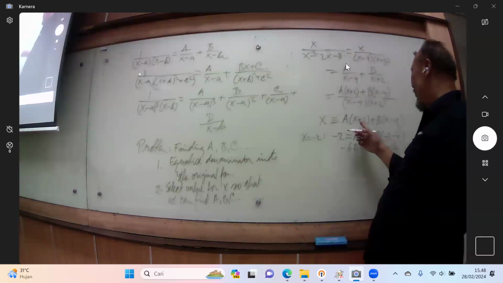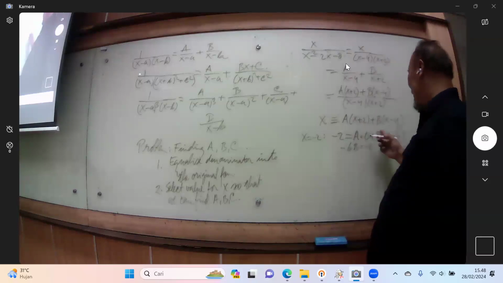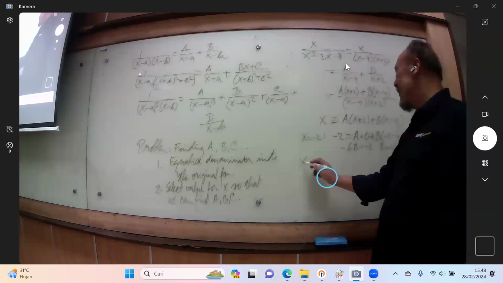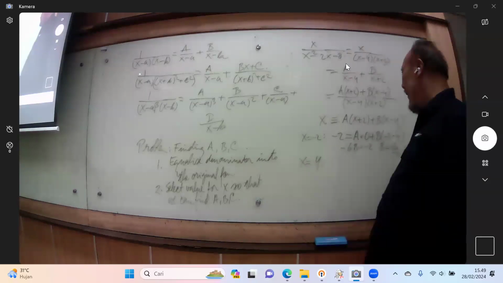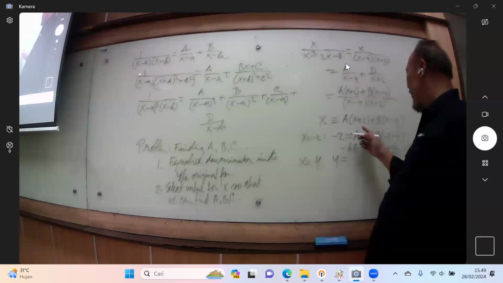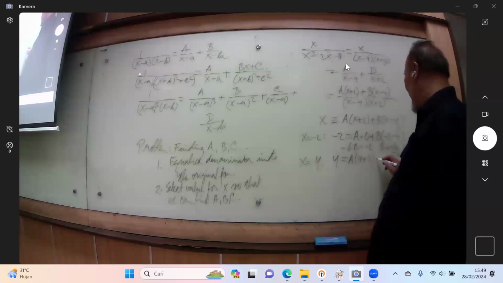Now we make the coefficient of b 0, so we select x equals 4. Then we have 4 equals a(4 plus 2) plus b times 0, so 6a equals 4. That means a equals 2 divided by 3.